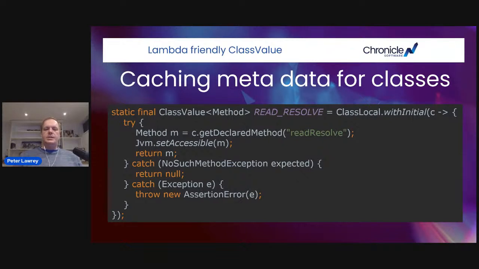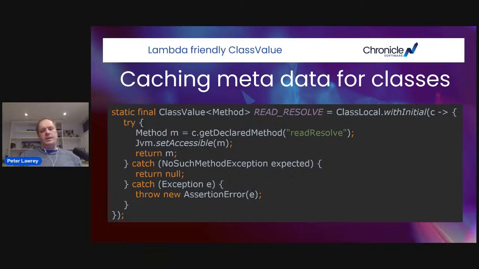A lot of those decisions we want to cache. We don't want to be doing it every time, so that once the code's warmed up, it's running as efficiently as possible. And Java 7 actually has a feature to do that called ClassValue.